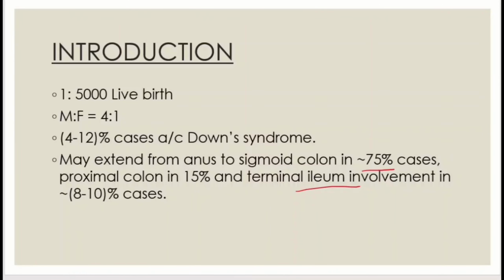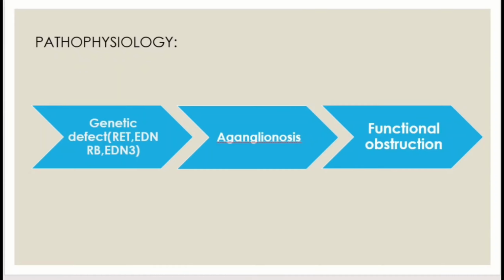Coming to the pathophysiology of Hirschsprung disease. Genetic defect is the proven cause of Hirschsprung disease. Most commonly, the RET oncogene and endothelin signaling pathway genes, for example EDNRB and EDN3. These genes can affect the migration of the neuroblasts during the gestational period.